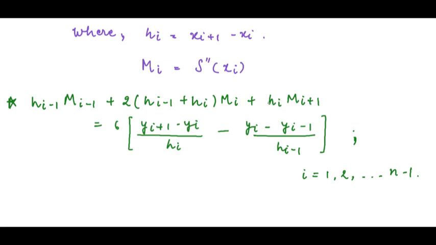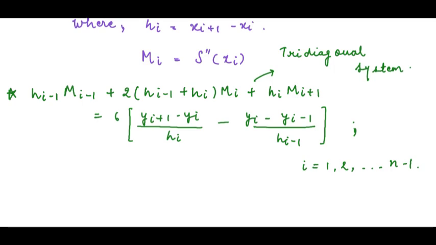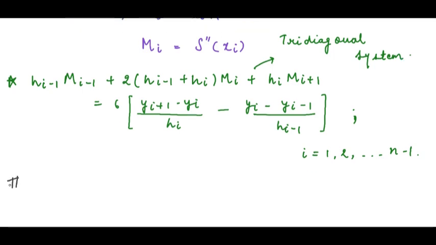Now notice something interesting. This produces a tridiagonal system of linear equations, and we have already studied a specialized method for solving tridiagonal systems, that is the Thomas algorithm. So this connects directly to the earlier part of our numerical analysis roadmap.